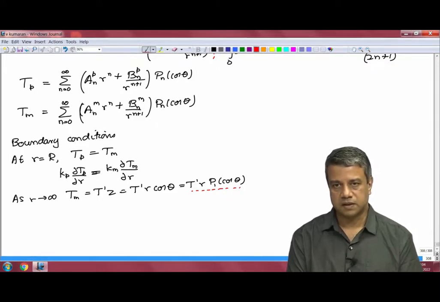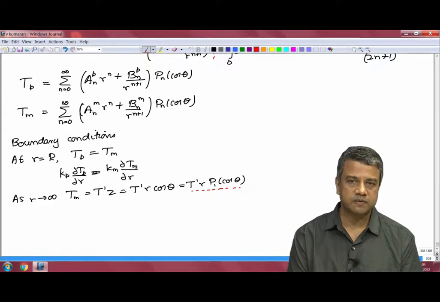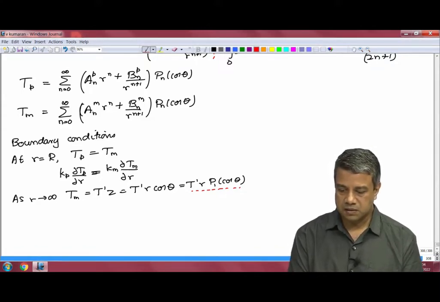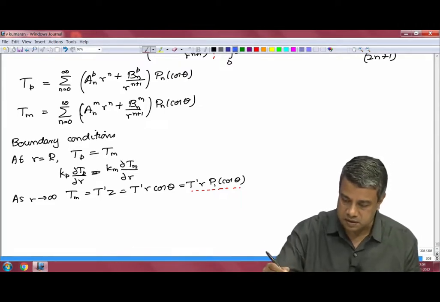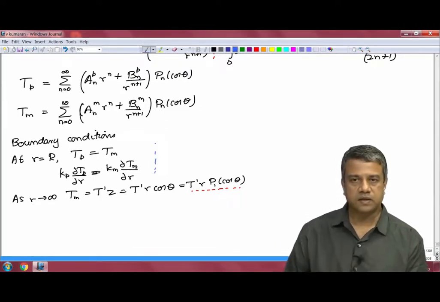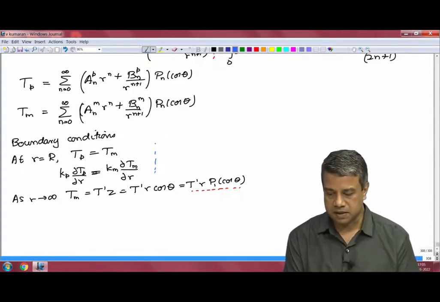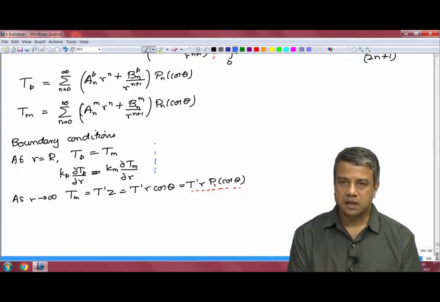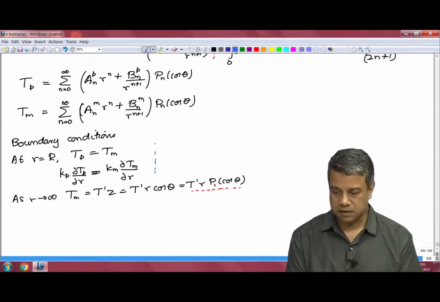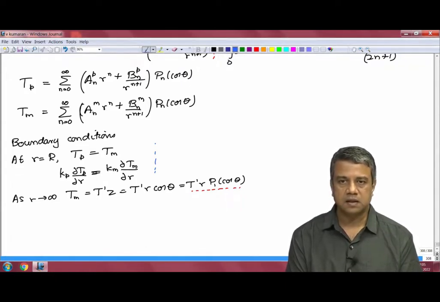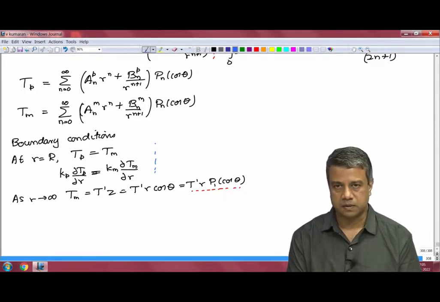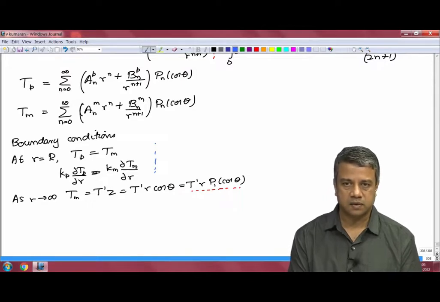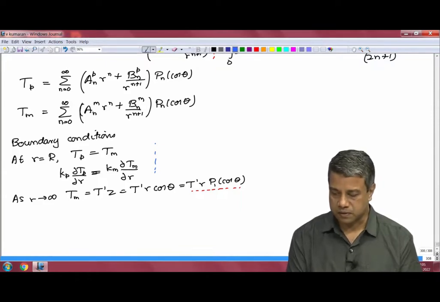If I set the coefficient of all the Legendre polynomials except for P1 to be equal to 0, it will satisfy the equations. It will satisfy the boundary conditions because they are homogeneous. These just relate the coefficients in the matrix and the particle. And it will satisfy the condition at infinity, because at infinity there is no contribution to the boundary condition proportional to P0 or P2 or P3 and so on. There is only one contribution as r goes to infinity, proportional to P1.